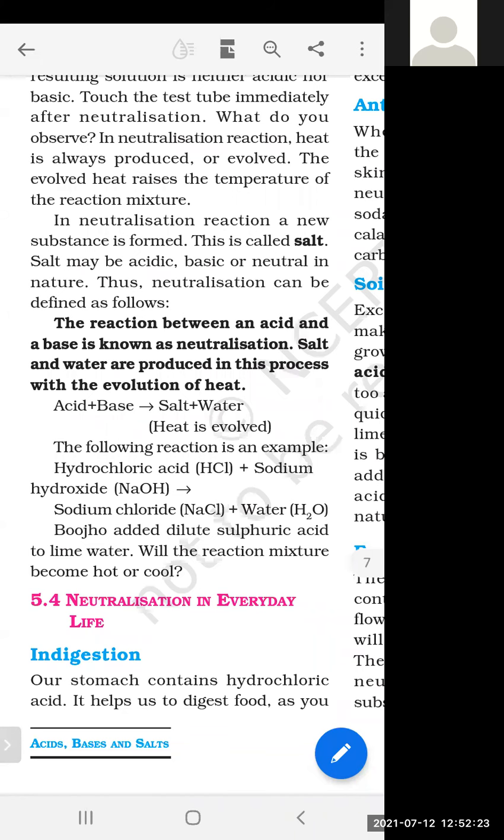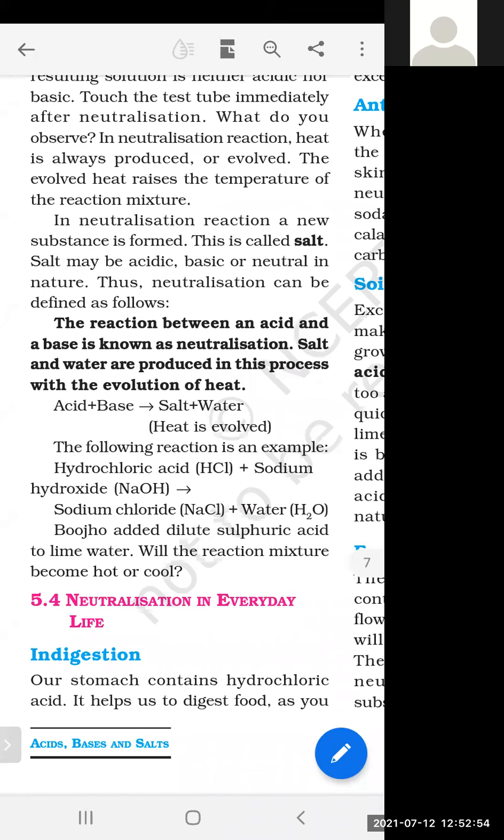What is the formula of hydrochloric acid? HCl. What is the formula of sodium hydroxide? NaOH. Sodium chloride, NaCl. Students, sodium chloride is the common salt which we use at our home. We put some salt in vegetables. The formula of this common salt is NaCl, plus water.